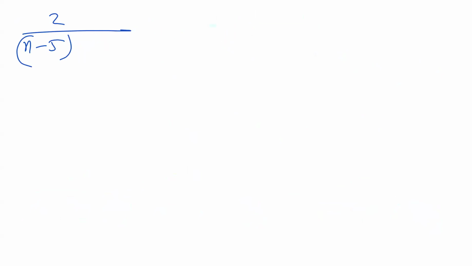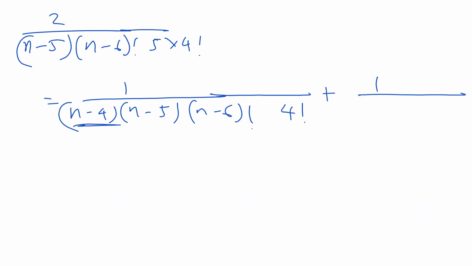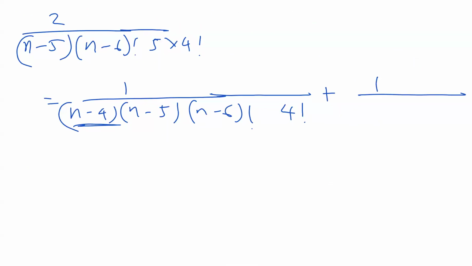The first term of n minus 4 factorial is n minus 4. I'll write this on the next line. Equal to n minus 4, the previous term is subtract 1 from this, so n minus 5. One more iteration I will consider because we have to reach n minus 6. So this is (n minus 4)(n minus 5)(n minus 6) factorial, plus 1 upon n minus 6 factorial. We don't have to reduce it, it is the smallest. And 6 we need to reduce to 5 to 4, so 6 into 5 into 4 factorial.